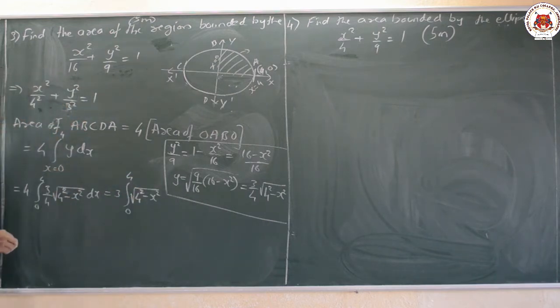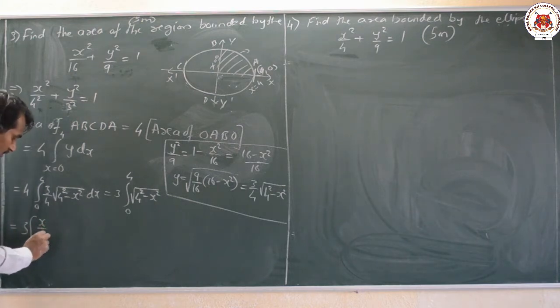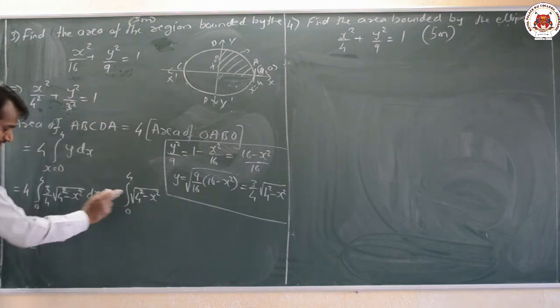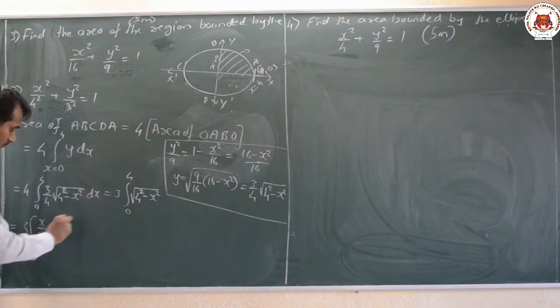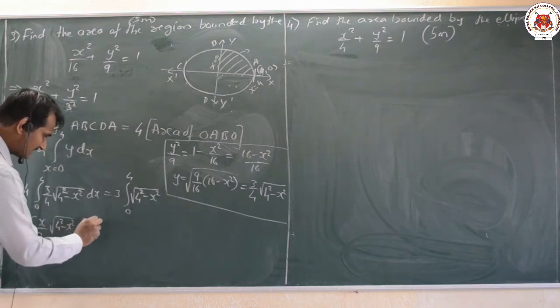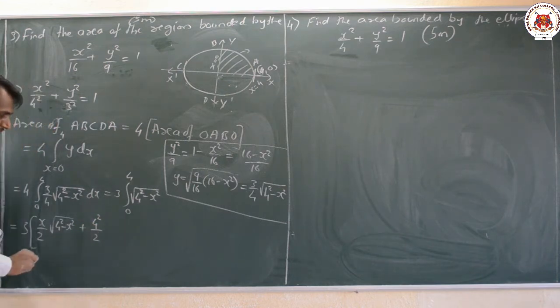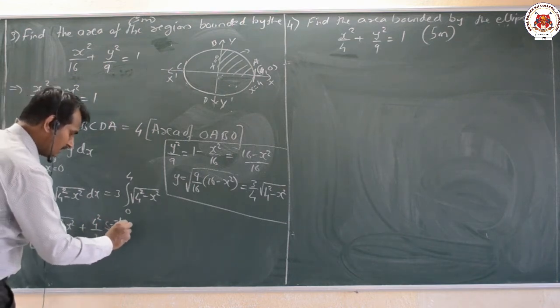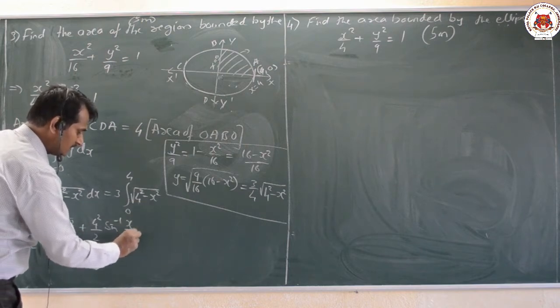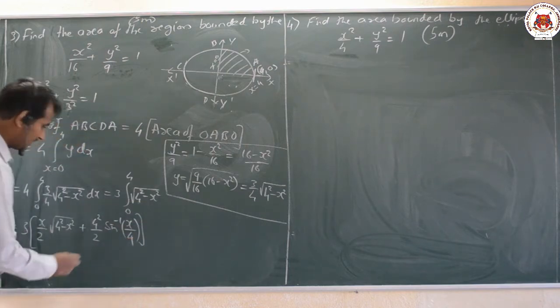Now I have to integrate it: 3 into [x by 2 into root of 4 square minus x square, plus 4 square by 2, that is a square by 2, sine inverse of x by a, where the a value here is 4], between the limits 0 to 4.